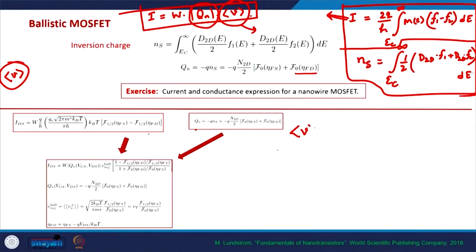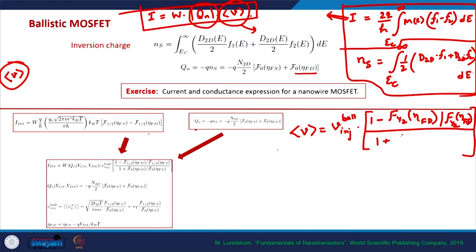Okay, so the average velocity will be the ballistic injection velocity times 1 minus the Fermi-Dirac integral of order half at eta Fd divided by the Fermi-Dirac integral of order half at eta Fs, divided by 1 plus the Fermi-Dirac integral of order 0 at eta Fd divided by the Fermi-Dirac integral of order 0 at eta Fs.